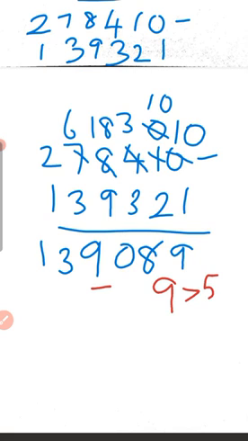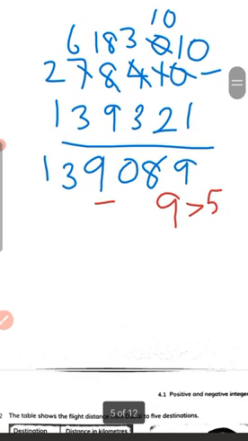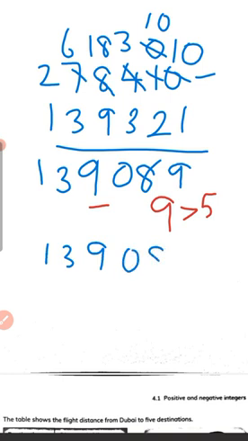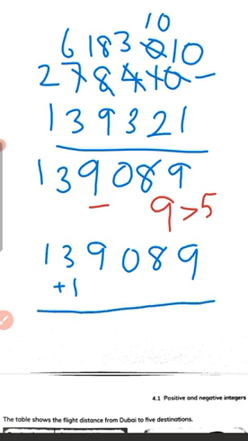So add 1 to the 10,000s place and replace the other digits by zeros.